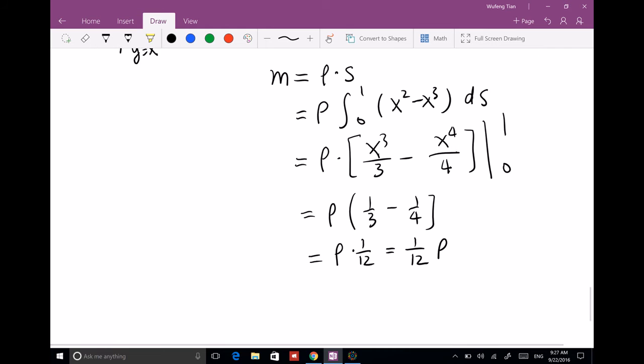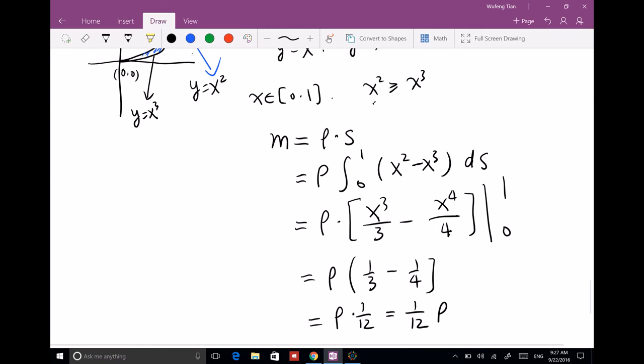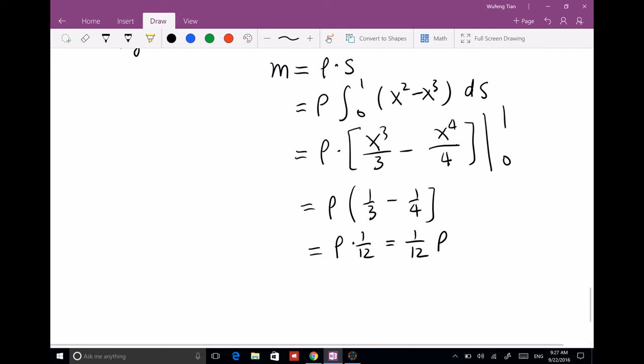Once we find the mass of this object, then we have to find the moments. We find the moment of x and the moment of y. So the moment of x, according to the formula, actually uses the y direction.